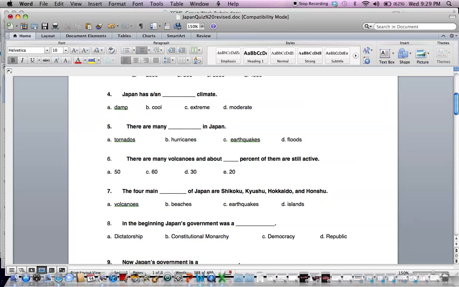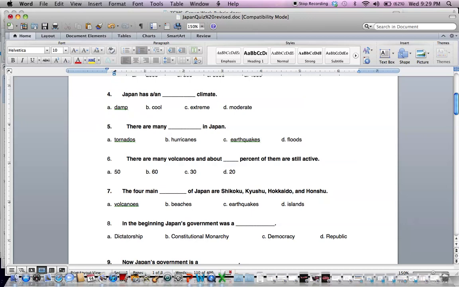About 20% of them are still active. And this actually should be A, B, C, D. Okay? A is 50, B is 60, C is 30, D is 20. Okay? So make sure you pay close attention to that.